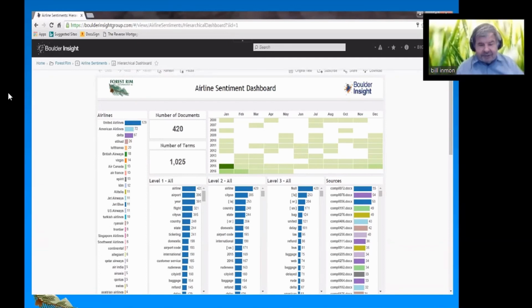In addition to which, we took a look at the airlines that were mentioned. The number one airline that we were able to get comments about was United Airlines and then American Airlines. And given that nearly every one of the comments that we saw was negative, this is a good way to rank the airlines of the world.